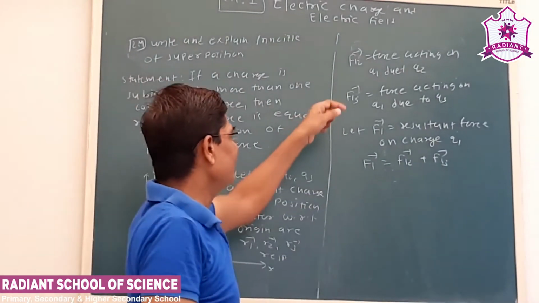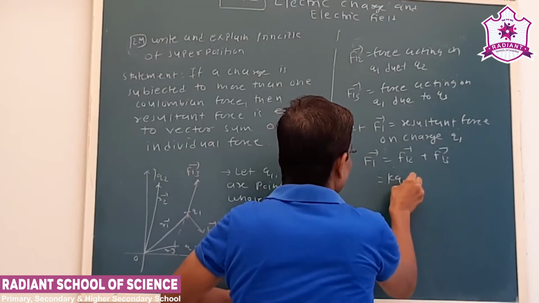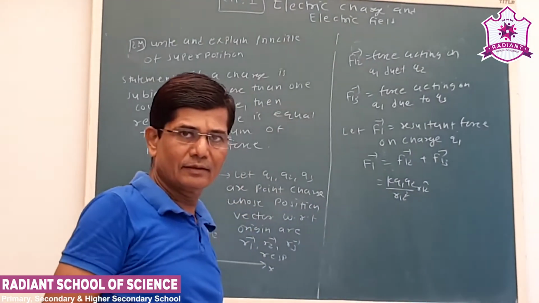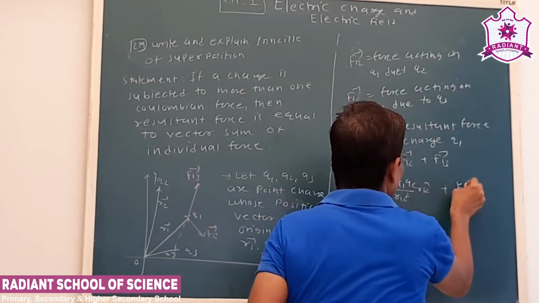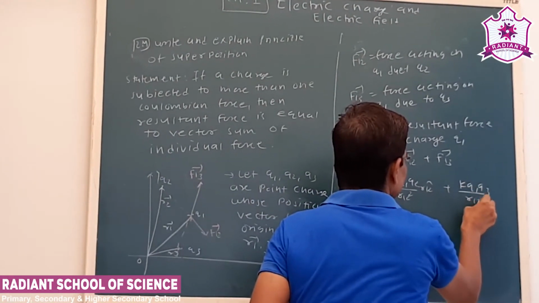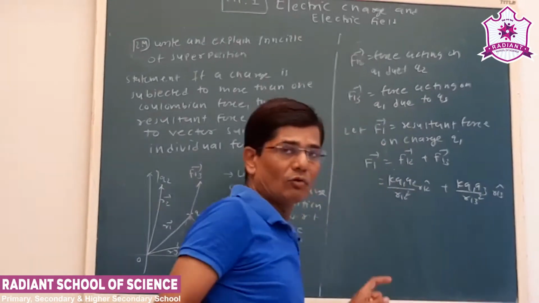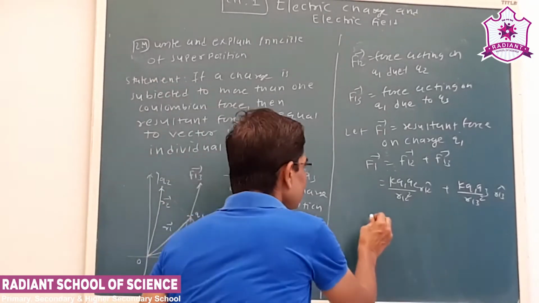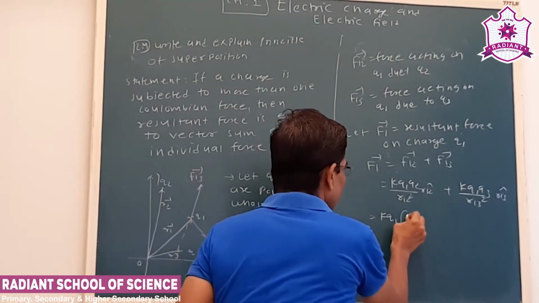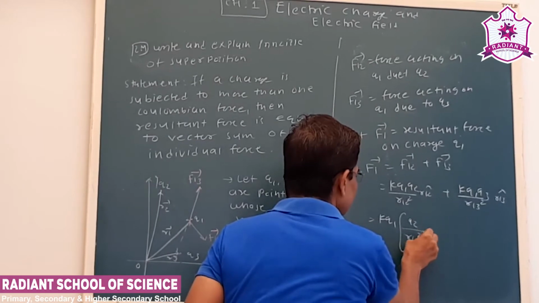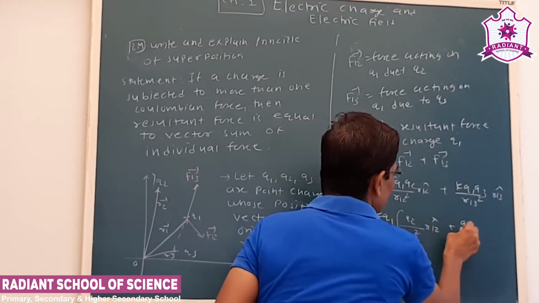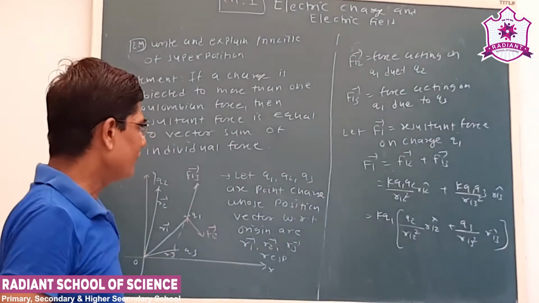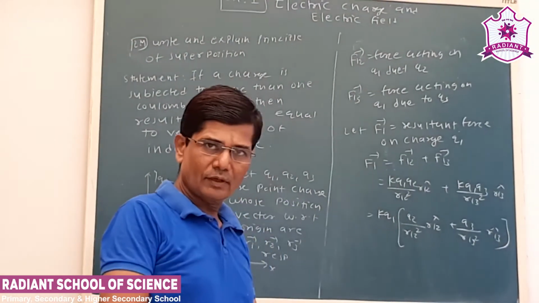Now, just as we have seen for F12, similarly we can write KQ1Q3 upon R13 squared. What is common here? KQ1 is common.